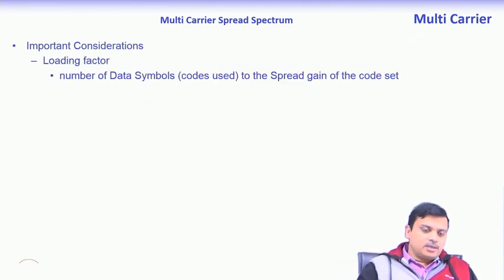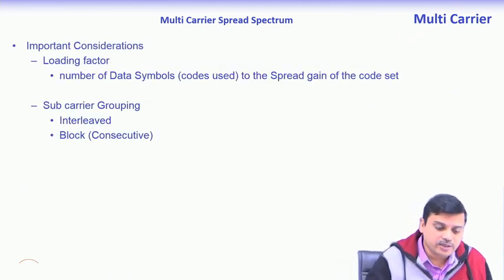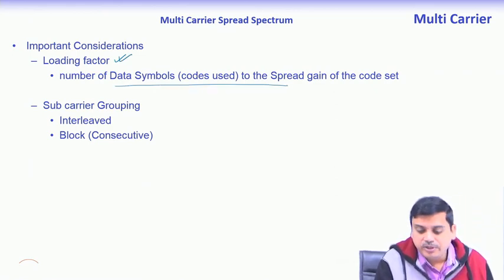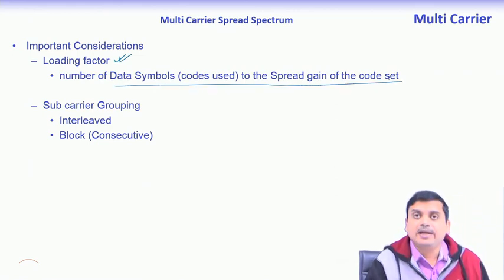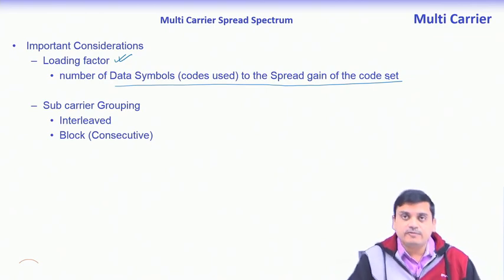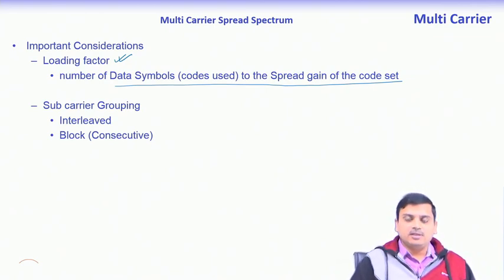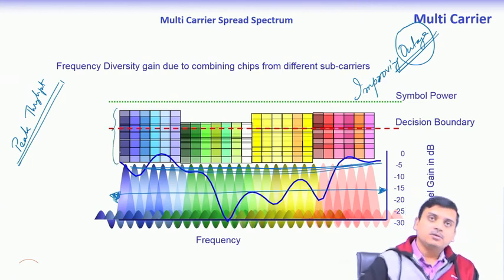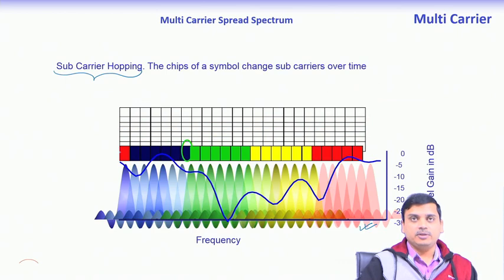So, some of the important considerations over here is the loading factor, which means the number of data symbols to be used to the spreading gain of the code. We have discussed the variable spreading factor when we were discussing the third generation system. So, similar things can be adjusted over here, that means you can use a variable spreading factor, or instead of putting so many symbols, one can reduce the number of symbols.